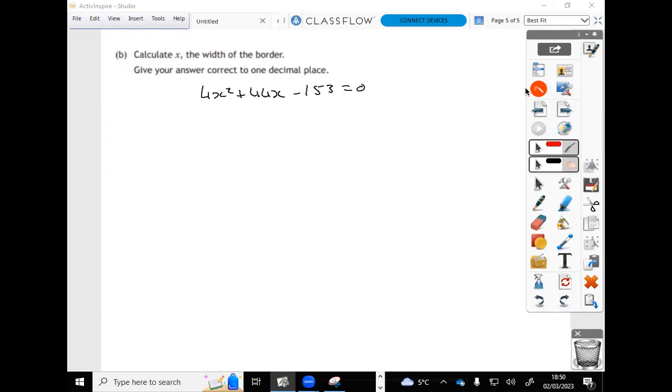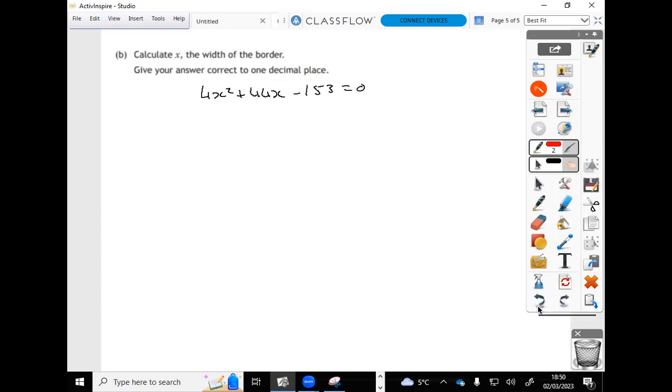Let's do part B. Calculate x, the width of the border. Give your answer correct to 1 decimal place. Again, it's asking us to factorize. Now the fact it's saying 1 decimal place means I'm not going to do that using our CDT method.